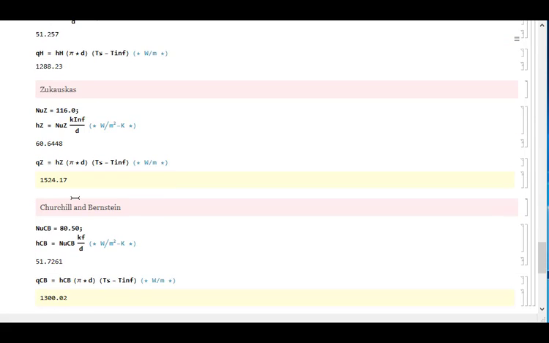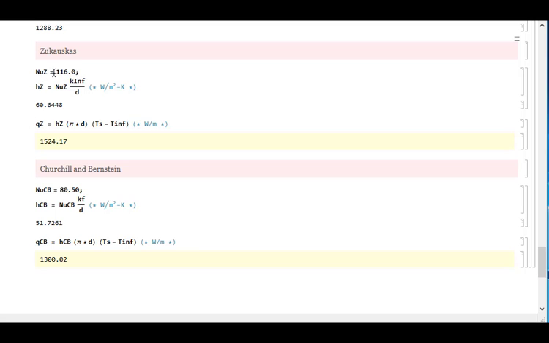For the Zukauskas correlation we had a Nusselt number of 116. That gives us a heat transfer coefficient of 60.64. And again, for the Zukauskas correlation, all the parameters are evaluated at the free stream temperature, so we have a different value of k here.